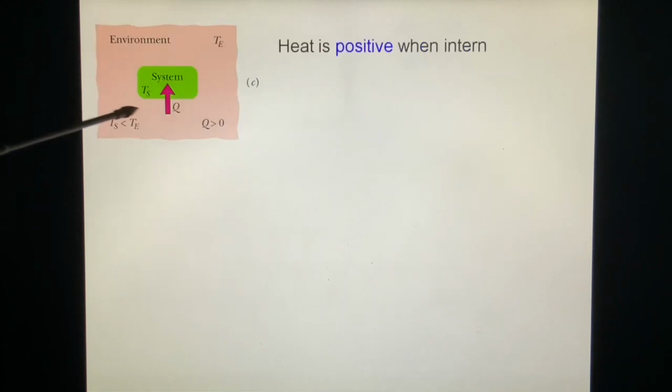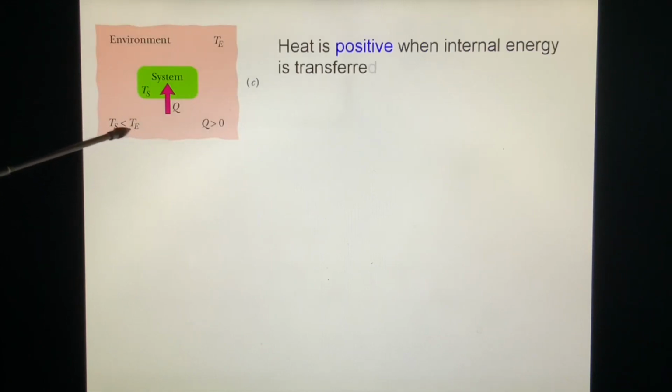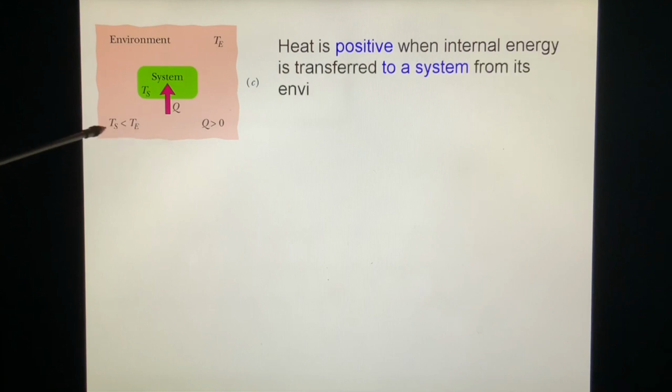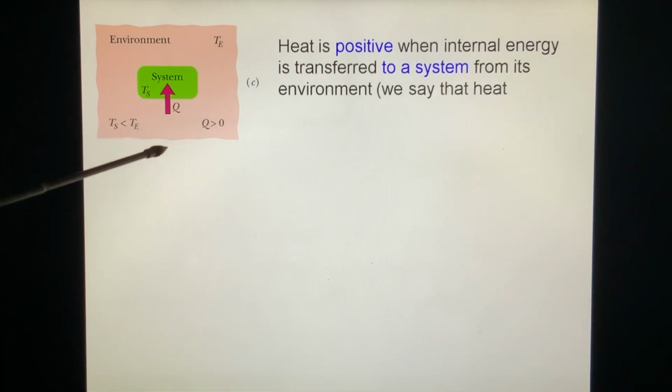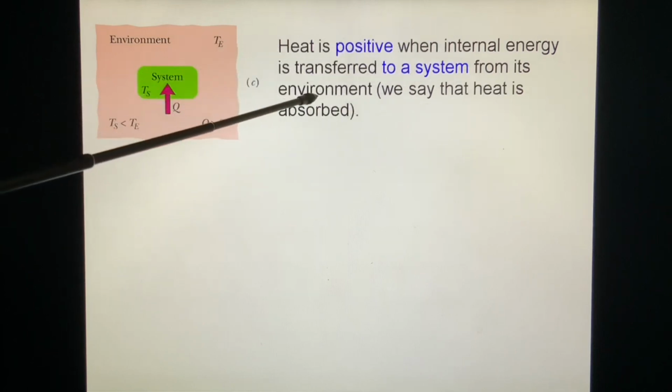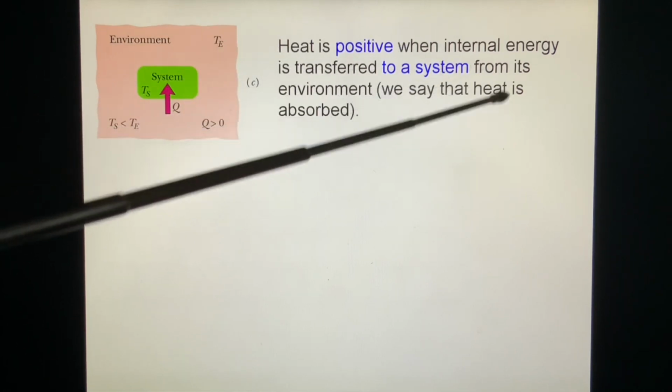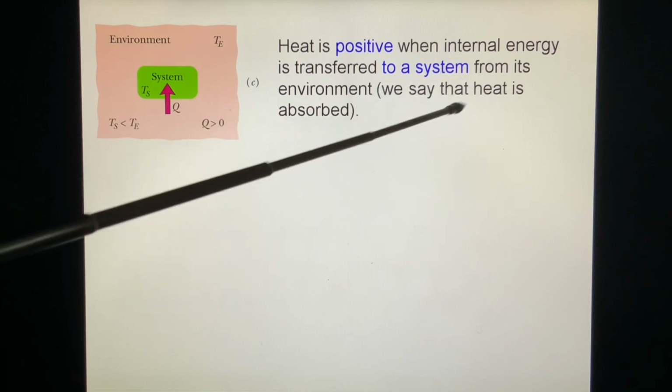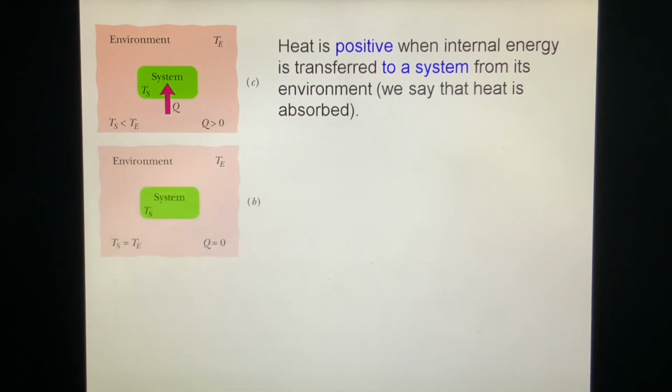If T_E is larger than T_S, heat is positive when internal energy is transferred to a system from its environment. We say that the heat is absorbed. If T_E is equal to T_S, nothing happens.